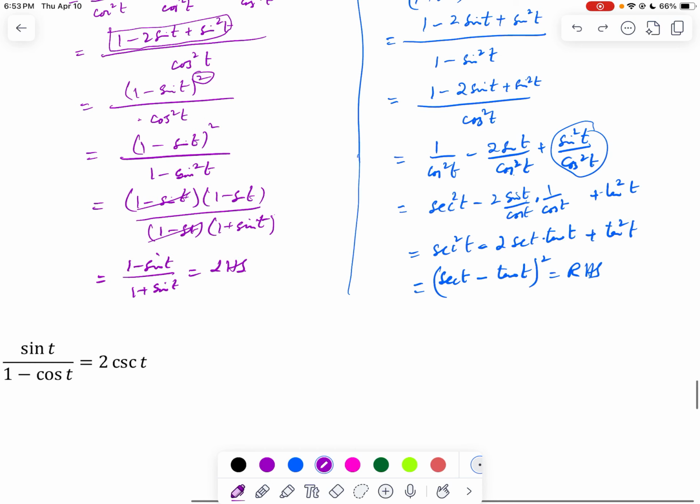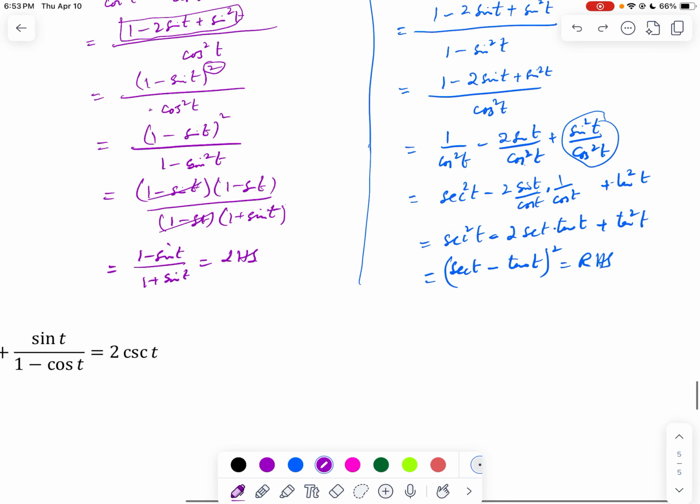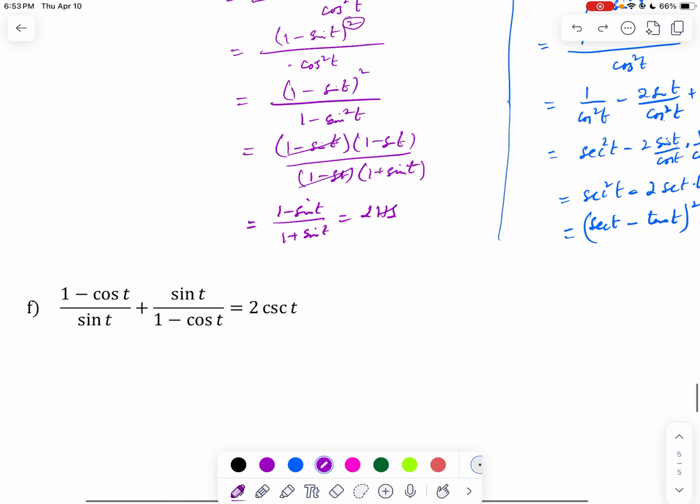Last identity to verify. Again, the left hand side is complicated, so I start with the left hand side. And what do we do here? I hope you can answer.